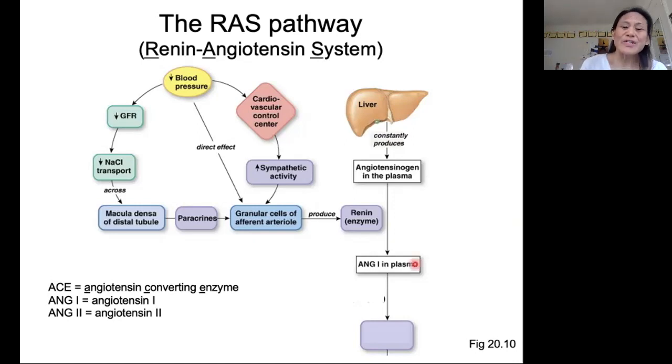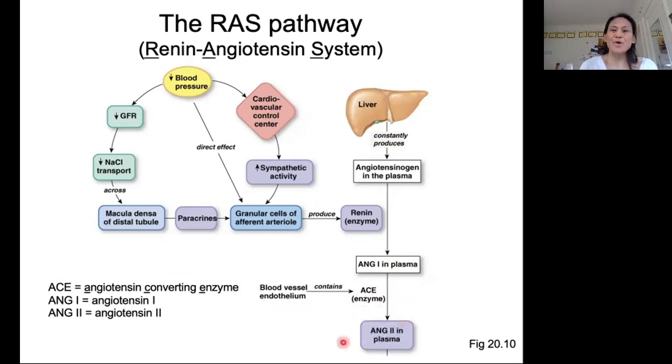Angiotensin 1, in turn, is acted on by an enzyme that is located in our blood vessel endothelium. This enzyme is called ACE. ACE stands for angiotensin converting enzyme. And as you might guess from the name, it is going to convert angiotensin 1 into another molecule called angiotensin 2.